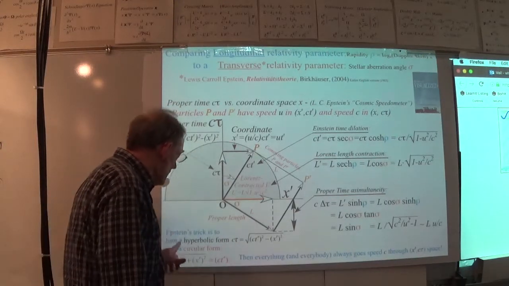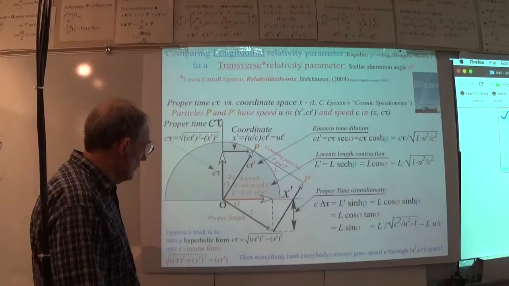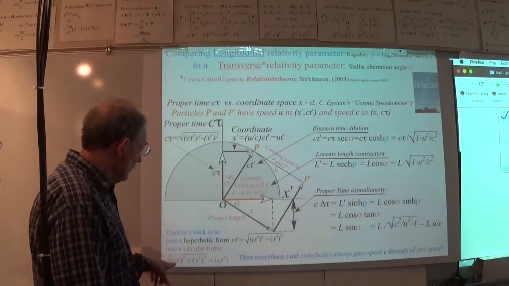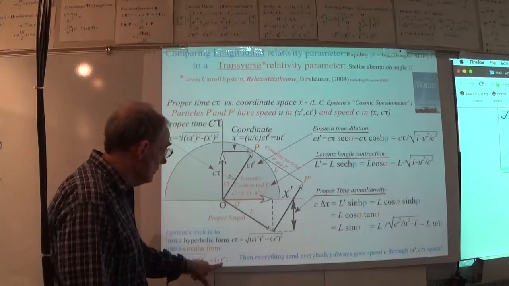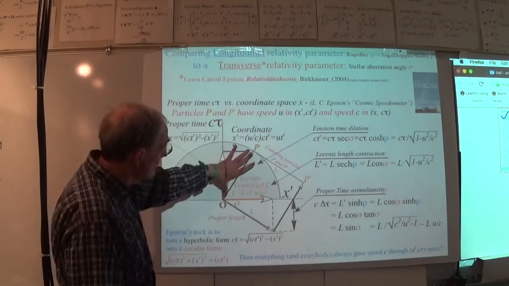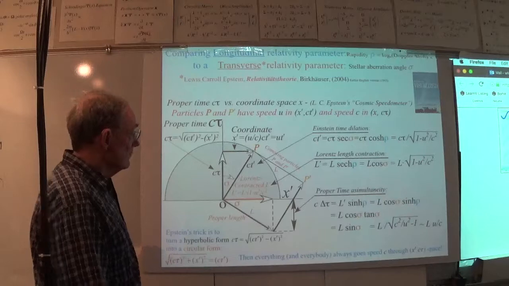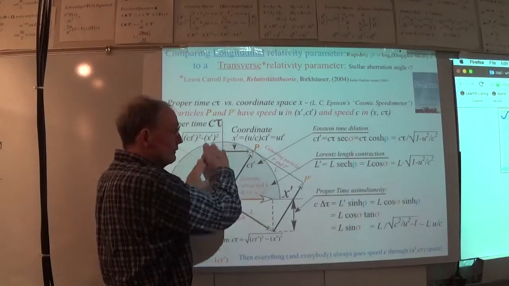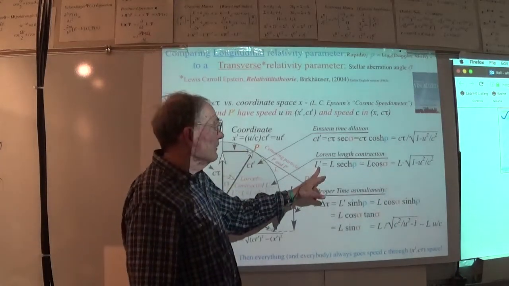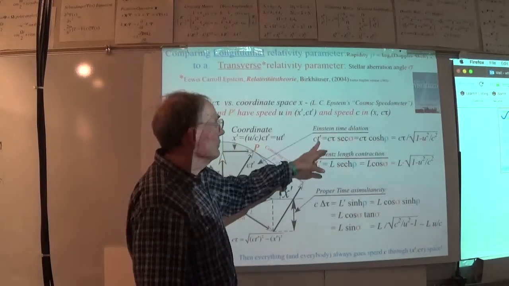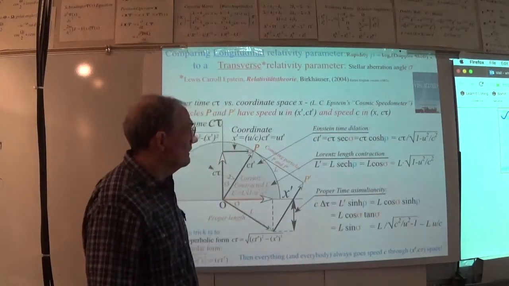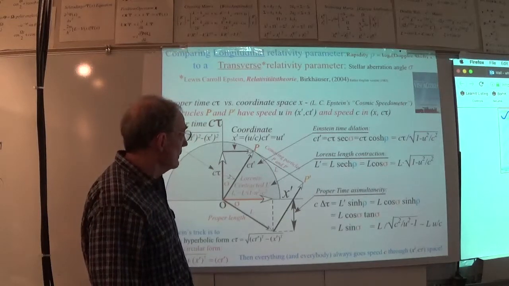He's going to turn that around and make it into a circular form. He just flips it. So he has c tau squared plus x prime squared is equal to ct prime, the coordinate time. That's this. From then on, he's dealing with circular functions. Lorentz contraction becomes a cosine projection. Time dilation becomes a secant projection.